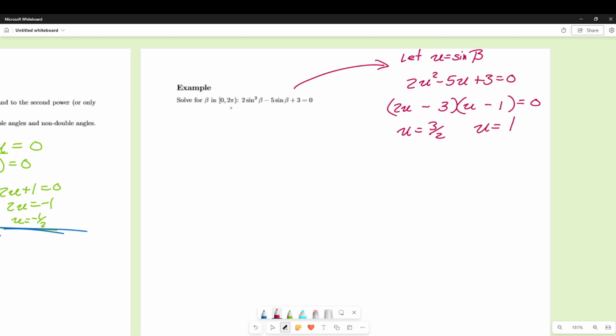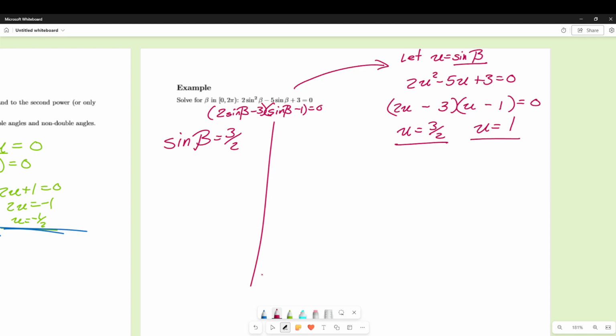Well, we could do that same thing here. We could say, okay, that's got to be 2 sine beta - 3 and sine beta - 1 equals 0, and then do the solving again. But we've really already done that part. And since u is equal to sine beta, we can just go back to these two solutions and say, hey, that's sine beta, that's what the u is, has to be 3/2, and solve that.